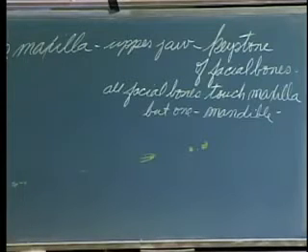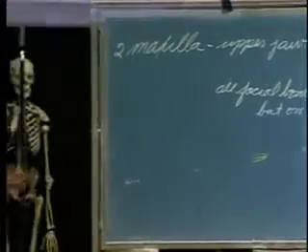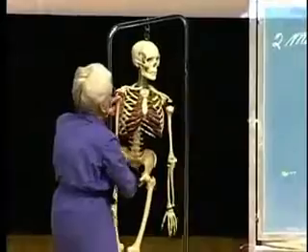Let's continue on and name these other bones of the face quickly and just become familiar with them because, as I said before, we're going to bring in muscle attachments.